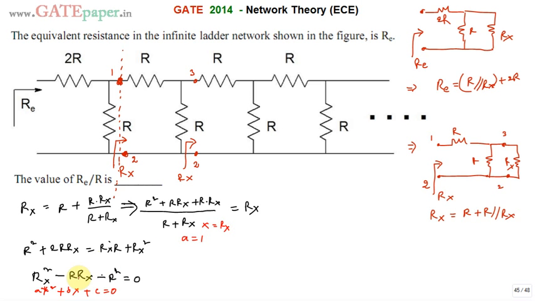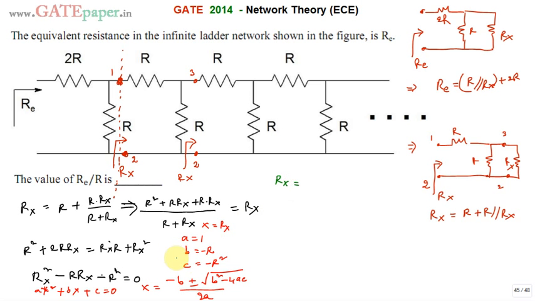So a is equal to 1, b is equal to minus R, and c is equal to minus R square. So you can write the roots as x is equal to minus b plus or minus square root of b square minus 4ac, divided by 2a. Use that equation to get the value of Rx.